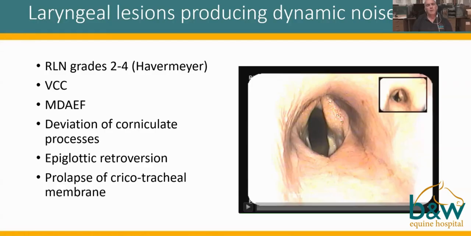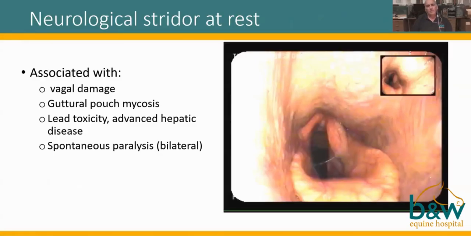Similarly with these slightly more subtle ones like medial deviation of the aryepiglottic folds, vocal cord collapse, cornicular process deviation, epiglottic retroversion, and prolapse of the tracheal membrane. These all are capable of making abnormal respiratory noises. They can occur singly or in virtually any combination as well. That's why doing a thorough test and reviewing the video several times means that you've got a much better chance of diagnosing them. I just thought I'd very briefly mention stridor at rest.